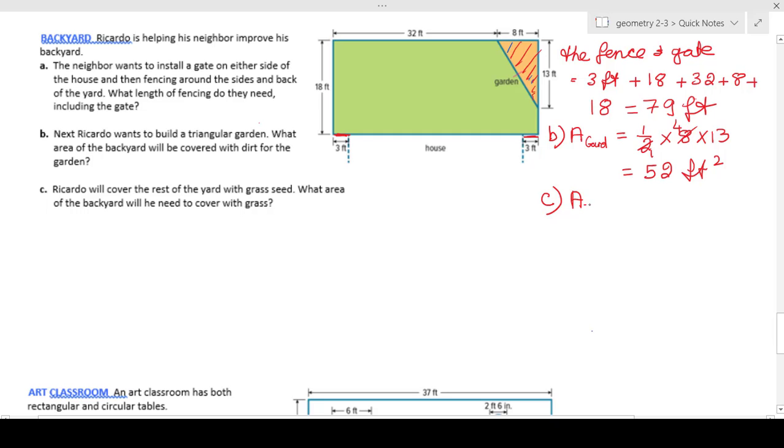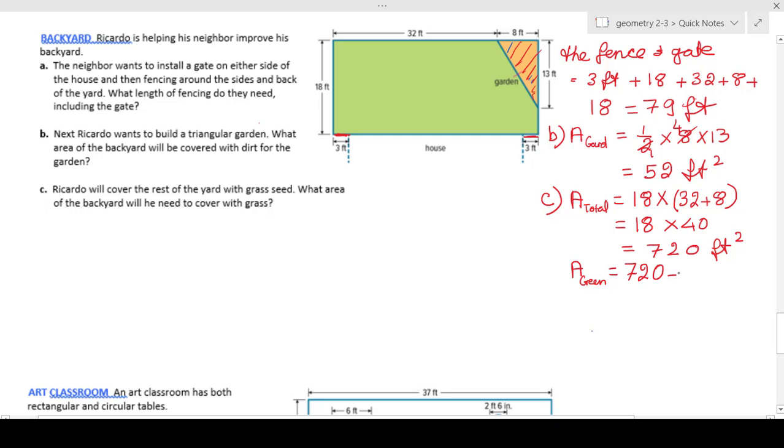The area total equals 18 multiplied by 32 plus 8, which is 720 feet squared. And then to find the area of the green part, it equals the total area, 720, minus the area of the triangle, which I got here, minus 52, which is 668 feet squared.